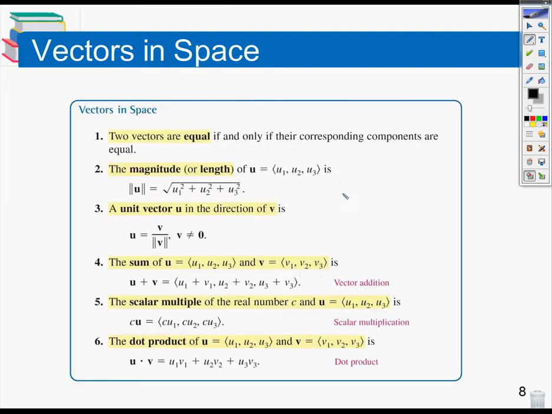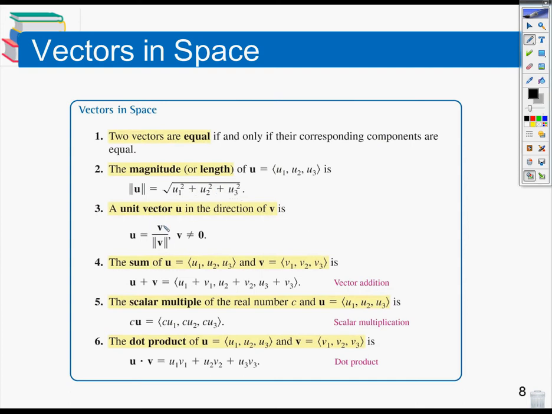All of these different formulas that we used and all of the theorems or ideas that we had are still true. Two vectors are equal if their corresponding components are equal, regardless of whether it's two dimensions or three. The magnitude is still the square root of each of the components squared, added together under the square root.